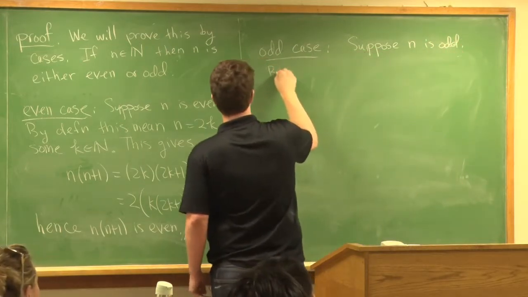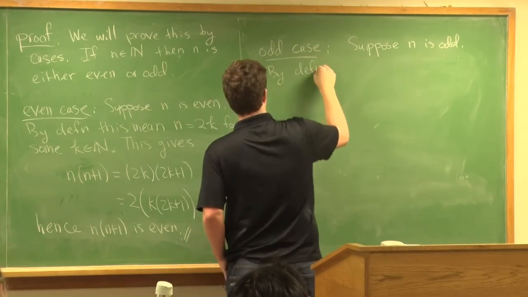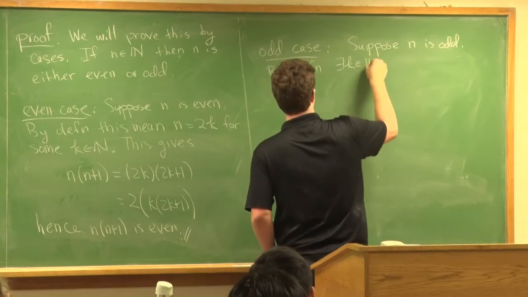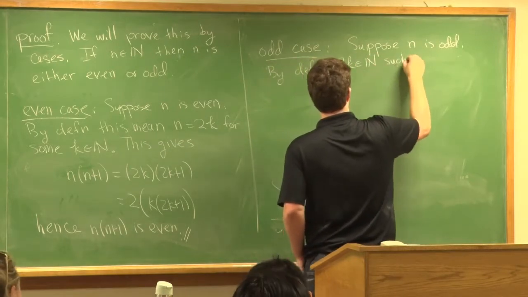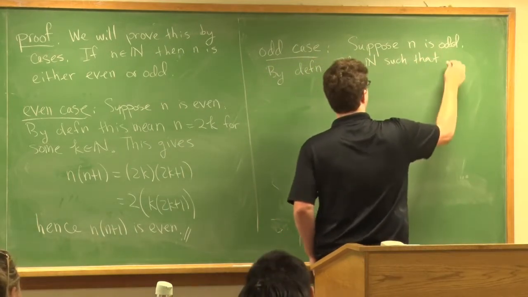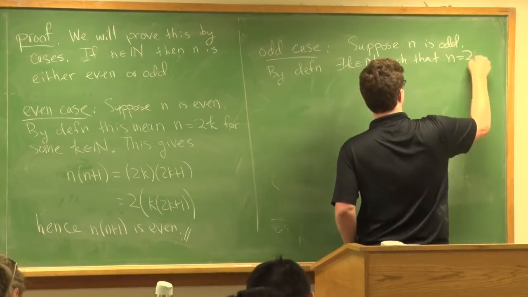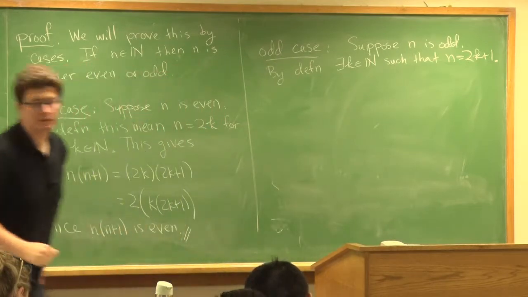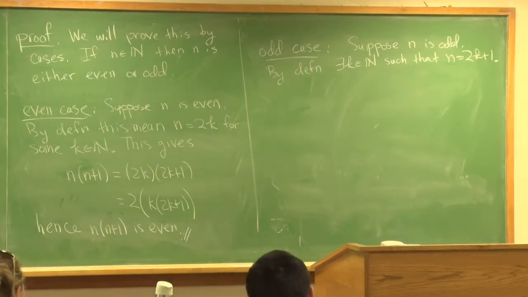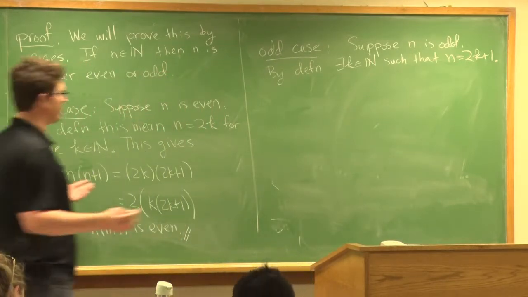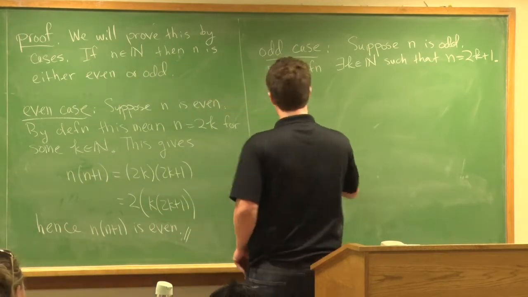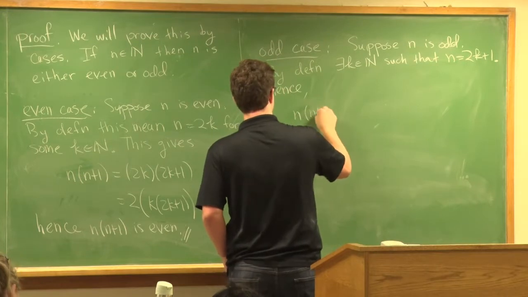By definition, there exists some k in the natural numbers such that n is equal to 2k plus 1. Now, we just do the thing that we did again. So hence, and we continue, right? n times n plus 1.